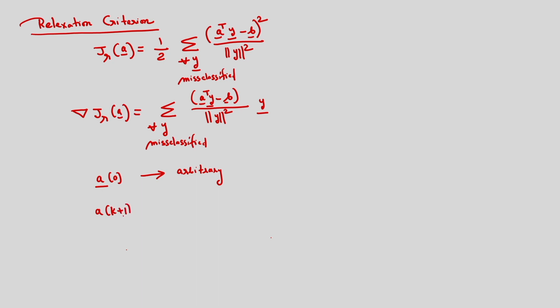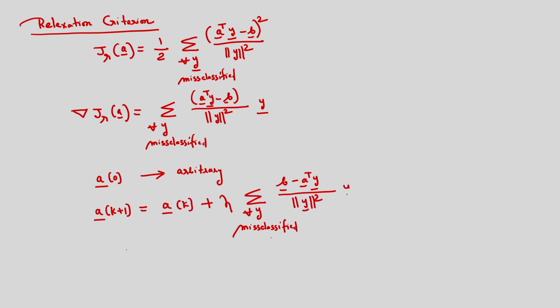In the k plus 1 iteration, a k plus 1 can be represented like this: a k plus eta, eta is the learning rate, and summation, again for all y which are misclassified, of B minus A transpose y divided by mod y square, into y.